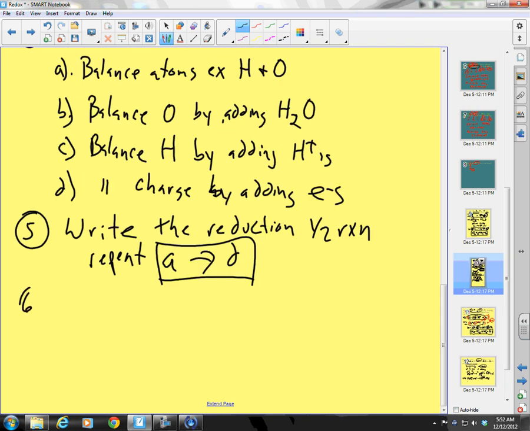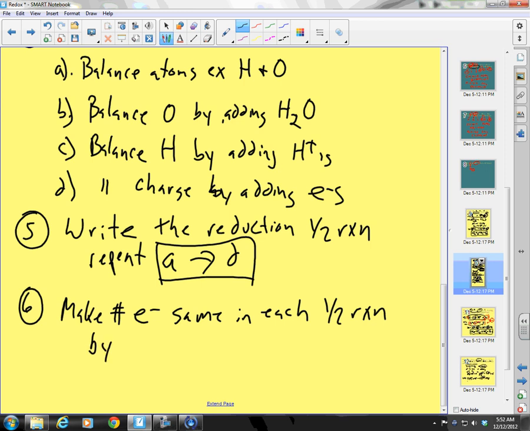Step 6. We want to make the number of electrons the same in each half reaction by multiplying half reactions as needed, right?